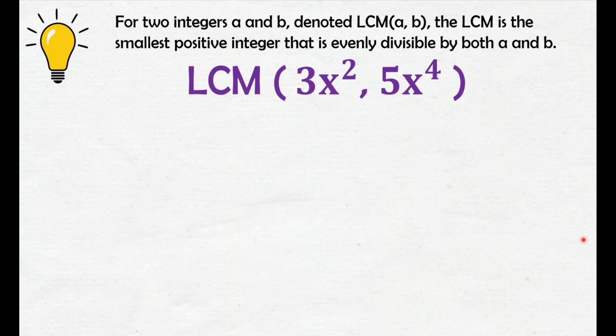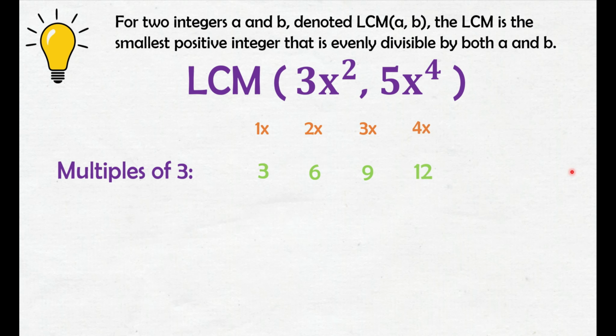Okay. So how about this example? It now has a variable. What we will do here is first get the multiples of the coefficients 3 and 5. Then we separate getting the LCM of the variable. First, the multiples of 3. 1 times 3 is 3, 2 times 3 is 6, 3 times 3 is 9, 4 times 3 is 12, 5 times 3 is 15, 6 times 3 is 18.